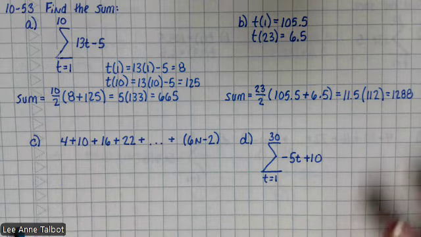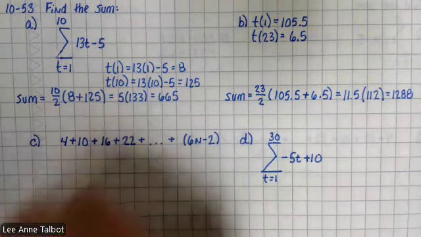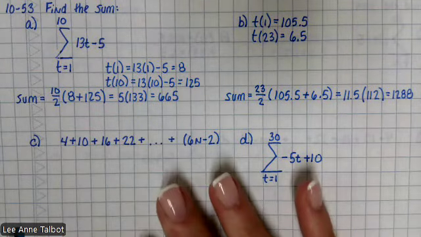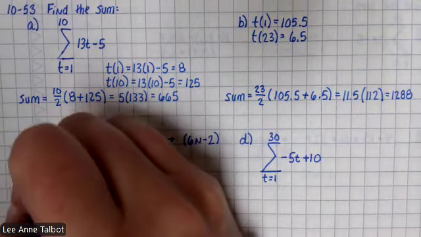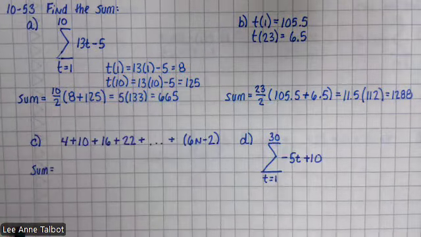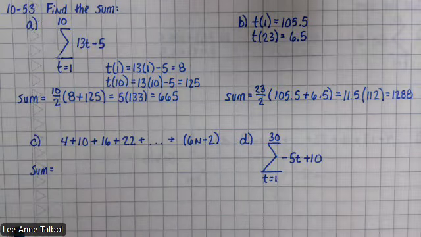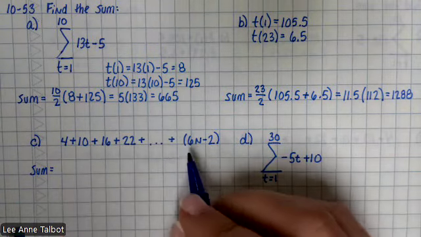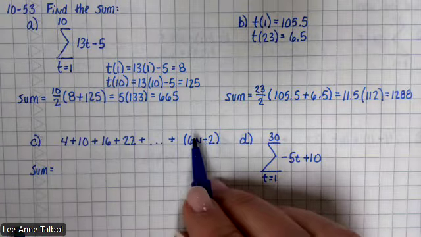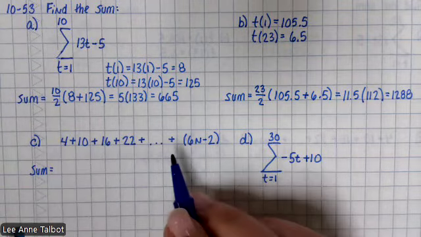Okay, now C is really spicy, and it's foreshadowing for later. So just so you know, sum equals. Can you tell that it's arithmetic? It's going up by 6, right? Okay, sum equals n over 2. Do I know how many terms there are here?